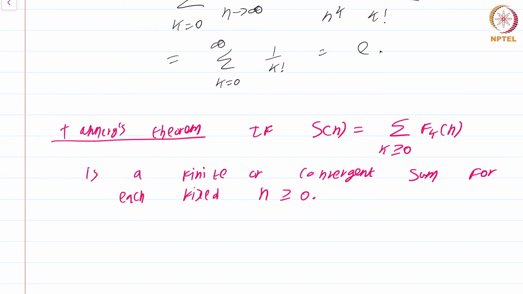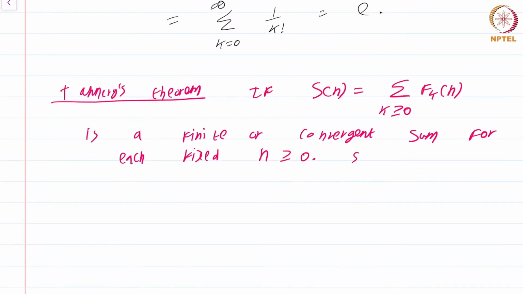So for each n, I am given a sum that runs over k. This sum could be finite, this sum could be convergent. It really doesn't matter. Suppose number 1, limit n going to infinity of fk of n is equal to fk. Just fk.